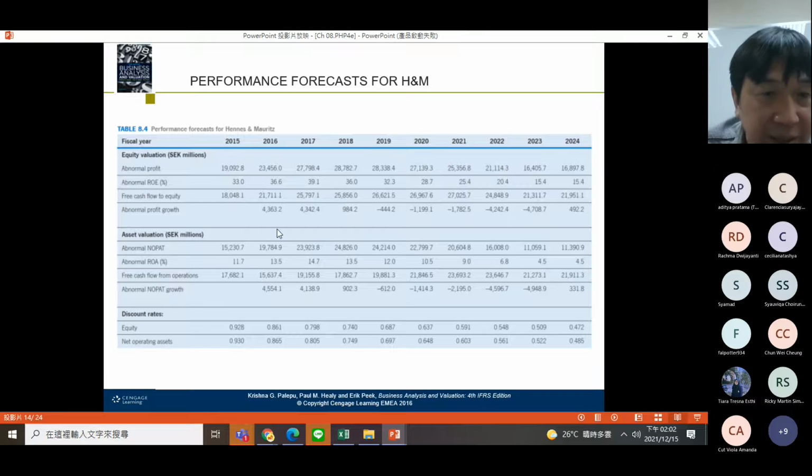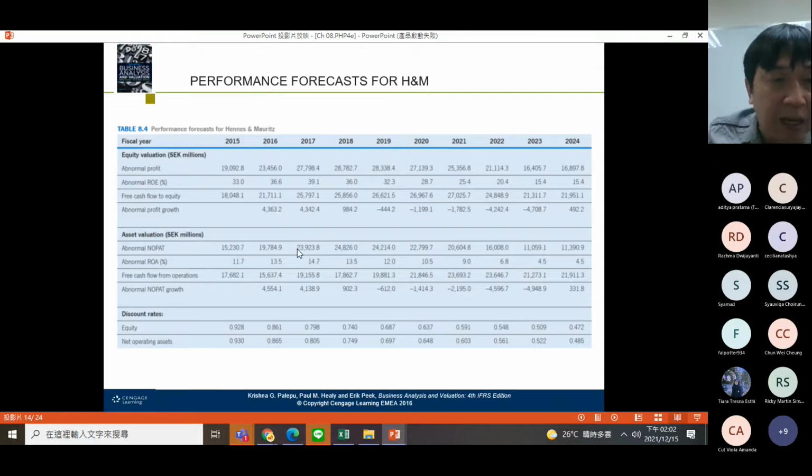So here you check that. Minus, so plus. So 2356 minus 19,092.8 gives you the profit growth at 2016, 4363.2.